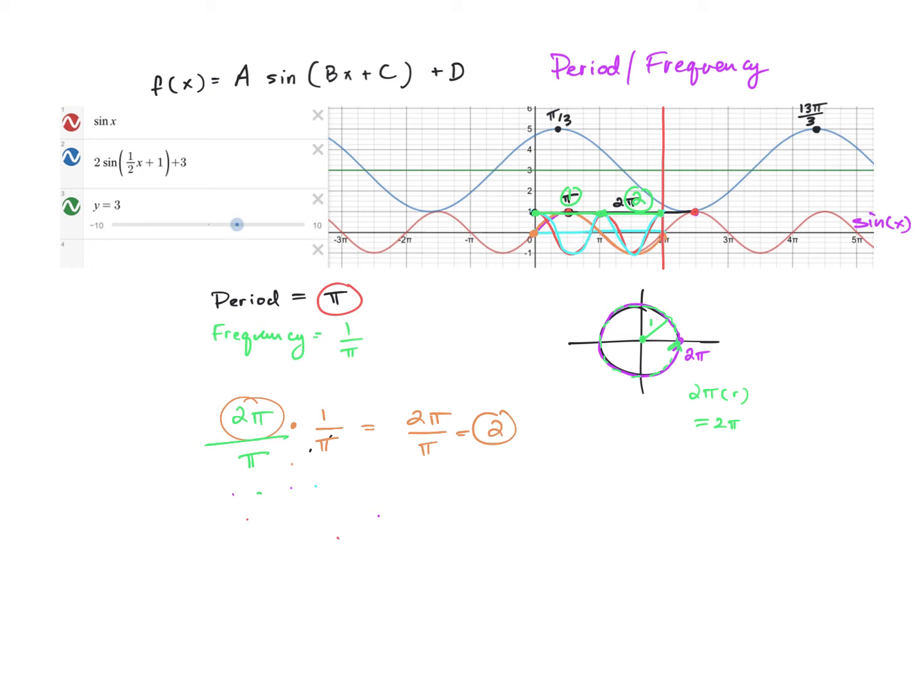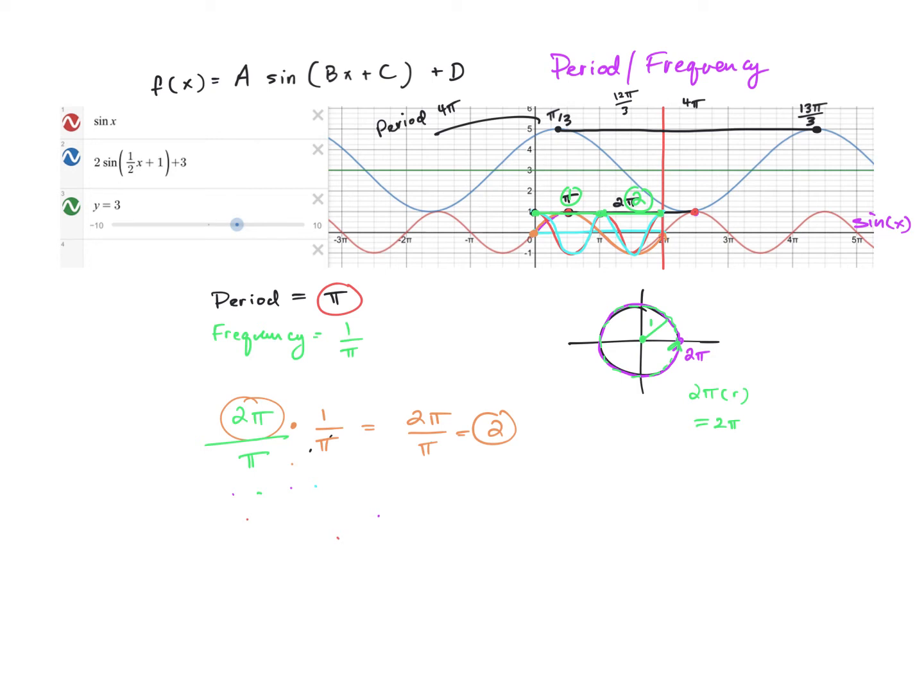And then you can have something that has a far greater distance, maybe from here to here, which has a period of 12 pi over 3, or 4 pi. And you're saying my period in this one is 4 pi.